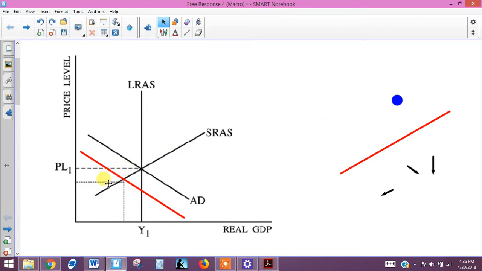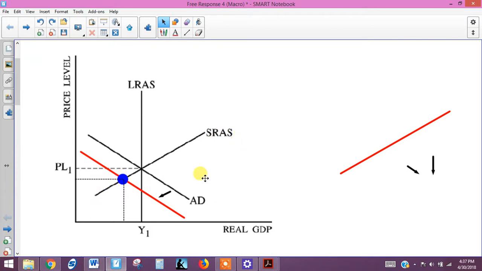And since the aggregate demand shifted to the left, this is what happens in a recession. So the economy is operating below full employment, which is right here. You've got a shift in the aggregate demand curve, and you've got a movement along the line in the short run aggregate supply. So we end up right here.